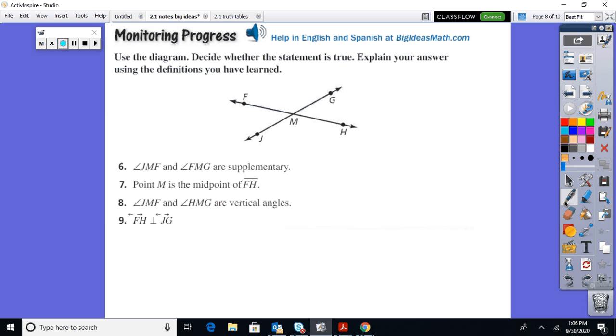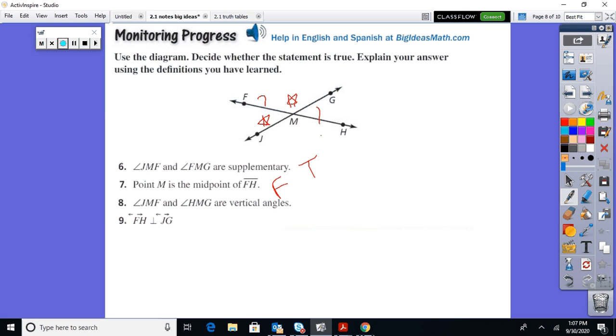All right, friends, here we go. Angle JMF and angle FMG are supplementary. That would be true. Point M is the midpoint? Nope. We don't know, do we? We don't know that that segment is congruent to that.